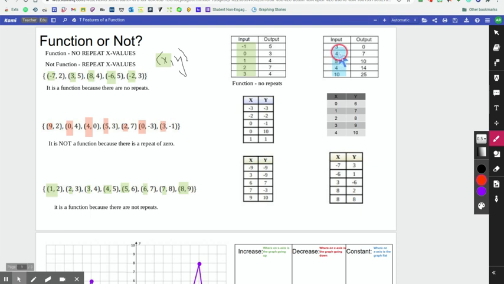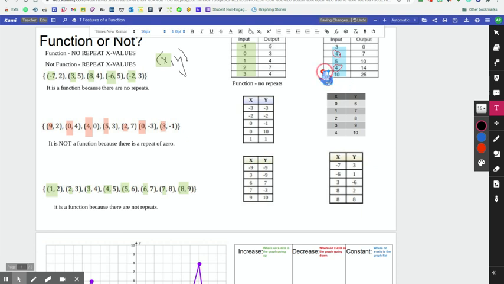Absolutely, 2 4s. We have 2 4s here. Okay. So when I write this out, I don't know, what's the right word to say? Say not a function or not function. Repeat 4.